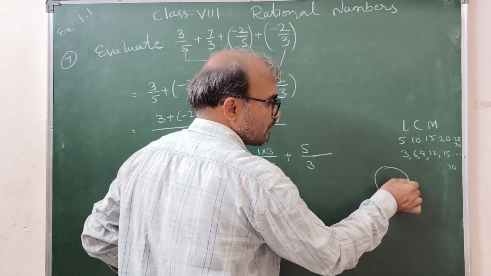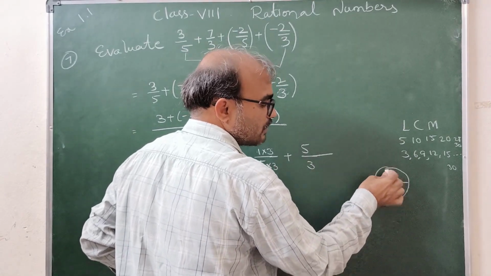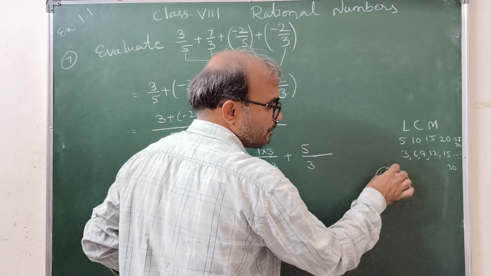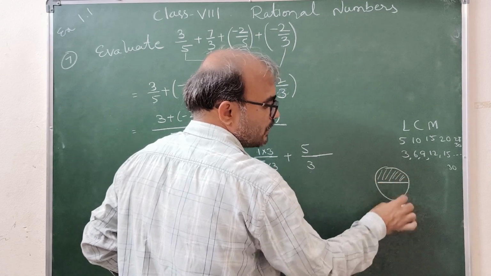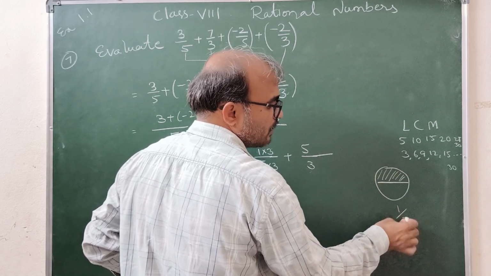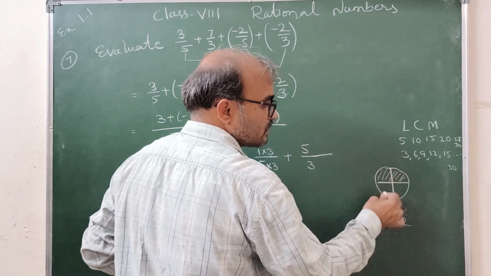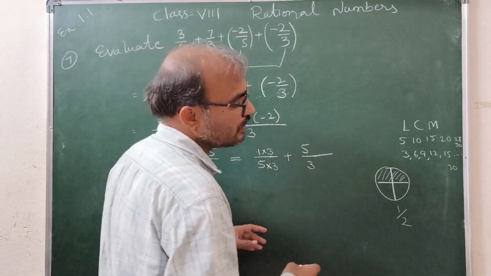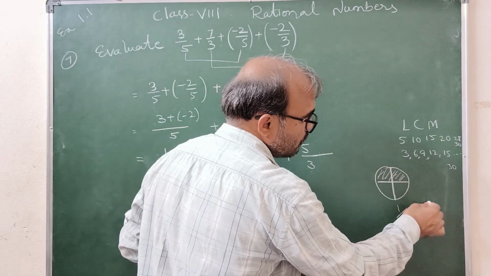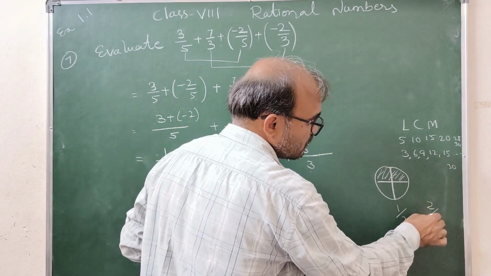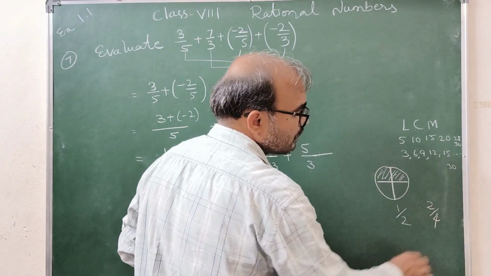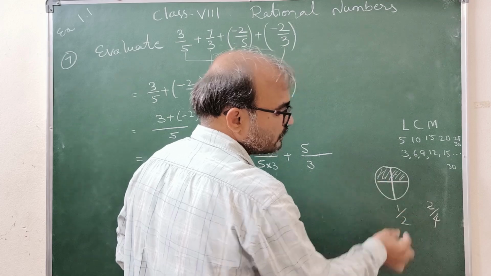If you consider these two equal parts, this part you call half. If I make 2 more parts, so that all 4 parts are equal, then these 2 parts, if I ask you to write the fraction, you will write 2 by 4, but the quantity is the same, half.